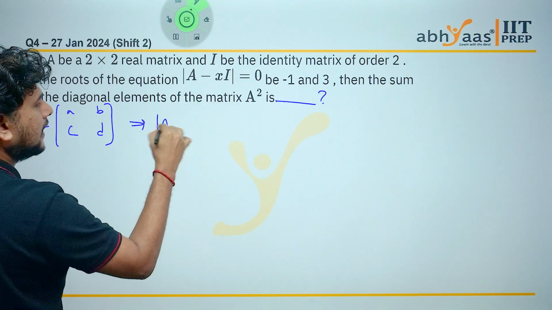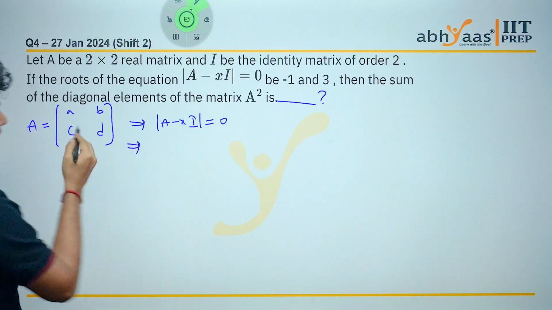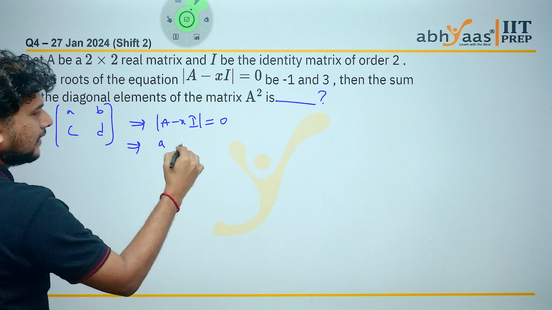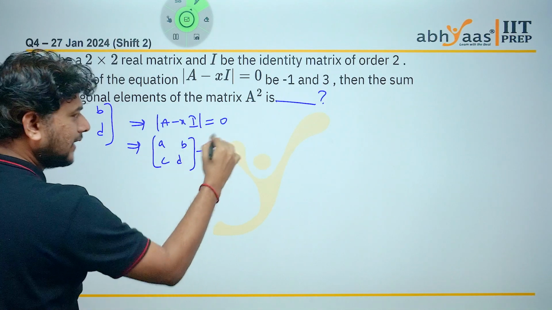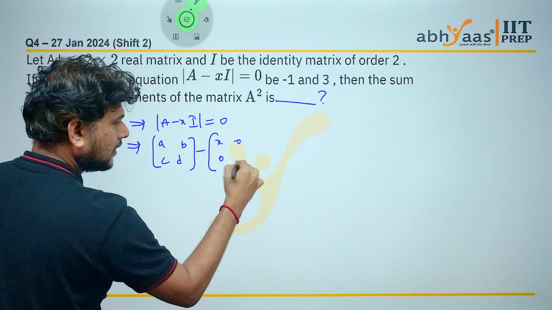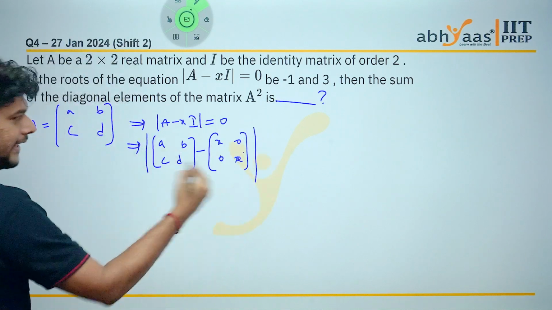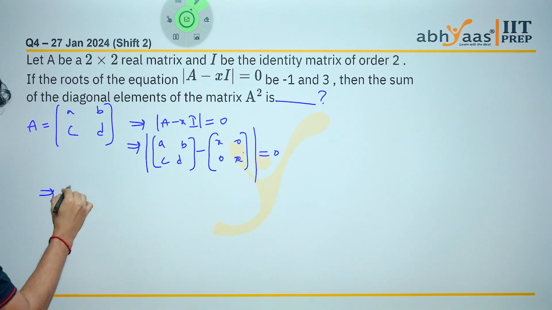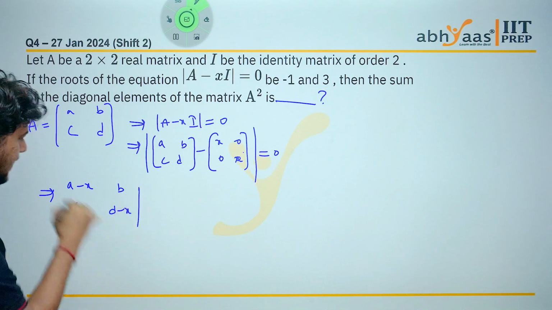Since I is the identity 1001, A, B, C, D minus X into I will be X0, 0X. We have to take the det for this, and this is 0. So that implies A minus X, B, C, D minus X, det equal to 0.